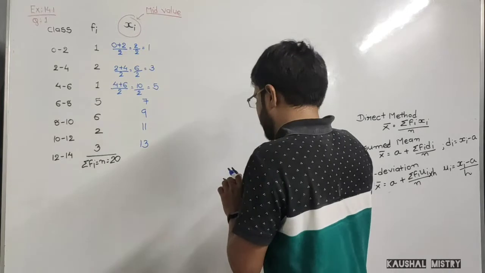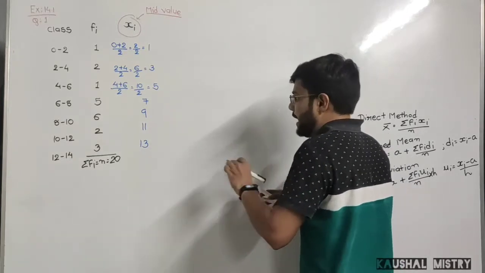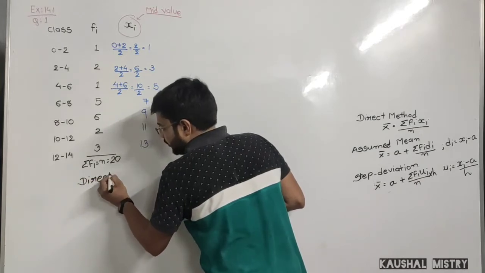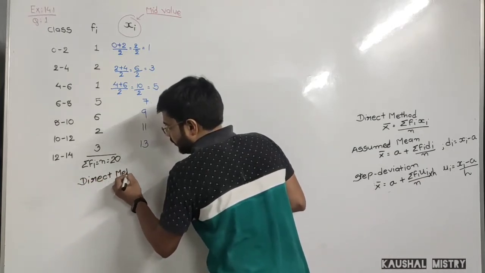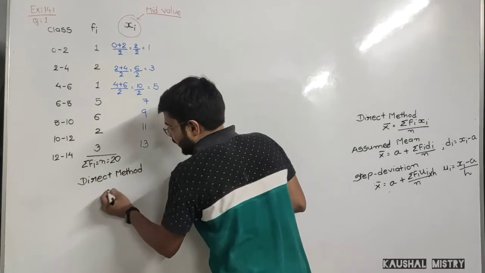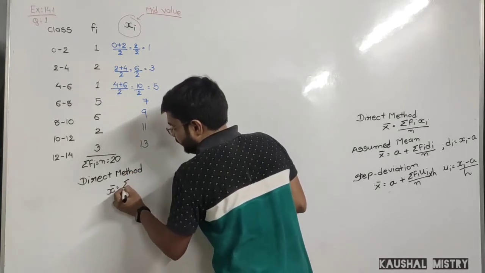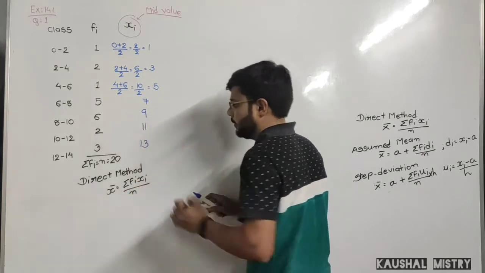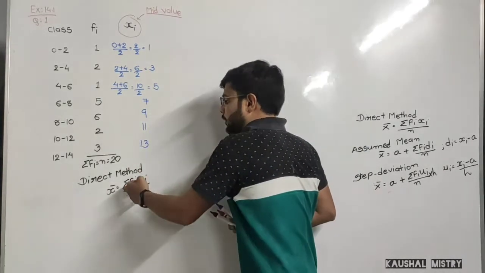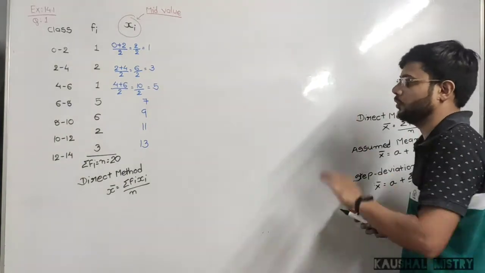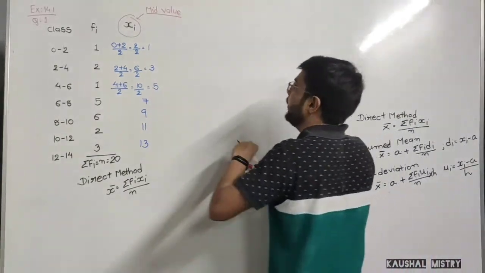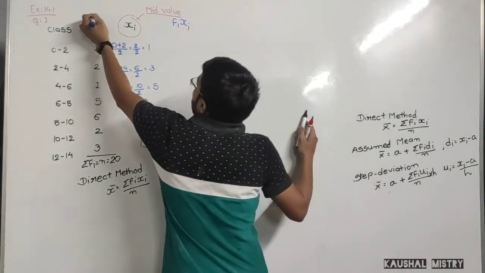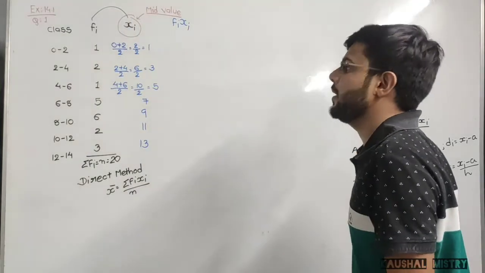Now, in the direct method the formula is x bar is equal to sigma fi xi upon n. That means you need the sum of fi xi. So you have to find fi xi, that means multiply fi by xi.